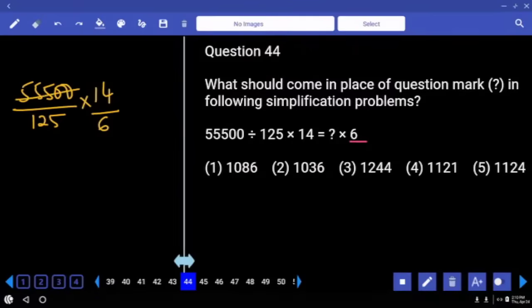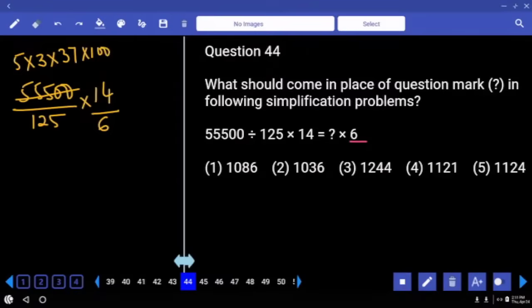Right, I'll write 55500 as 555 into 00. Are you okay? 555, I'll write it as 5 into 111. 111 in the sense 3 times 37 into 100.